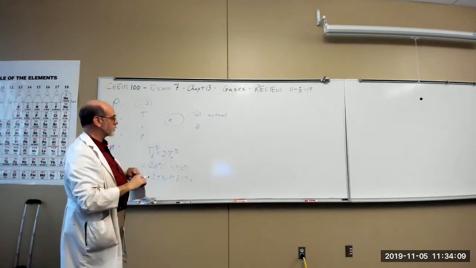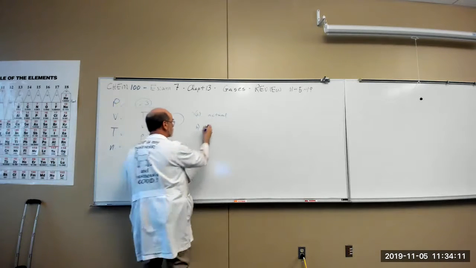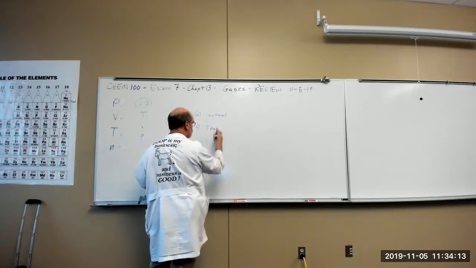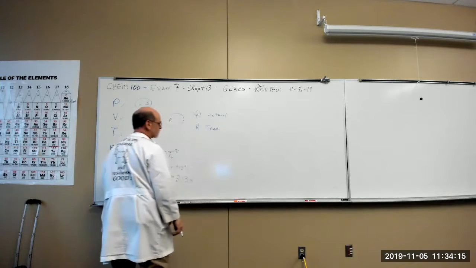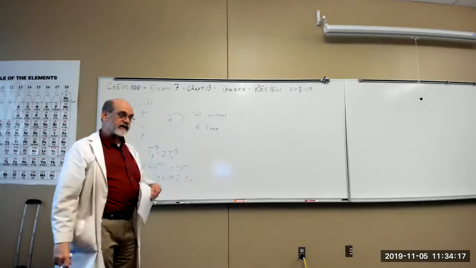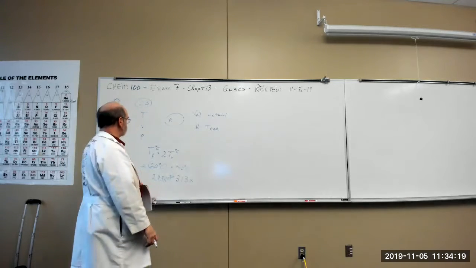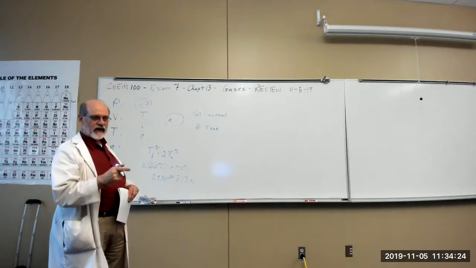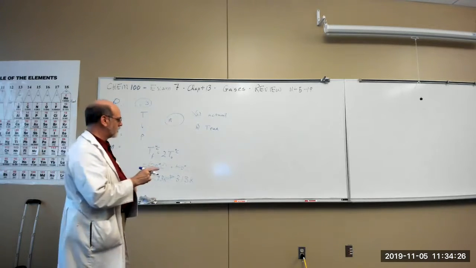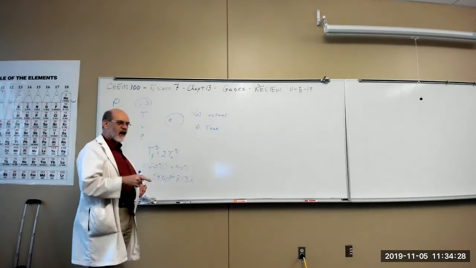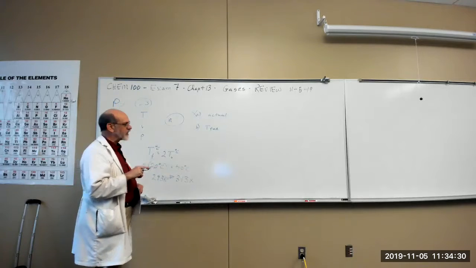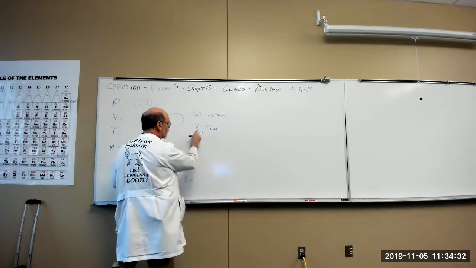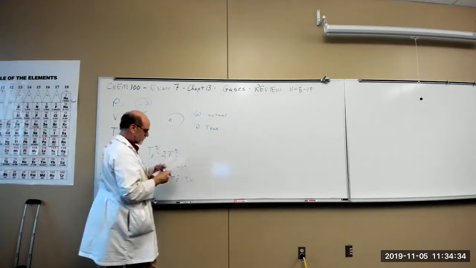They're in direct proportion. So this is true. The volume will increase slightly. Notice we didn't say it would double. If the Kelvin temperature had doubled, yes, the volume would double. But the Kelvin temperature did not double. It only moved up slightly.